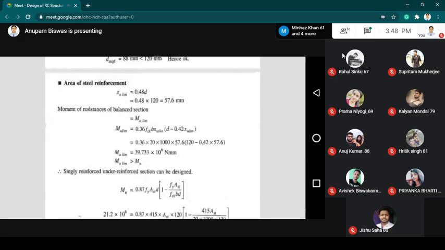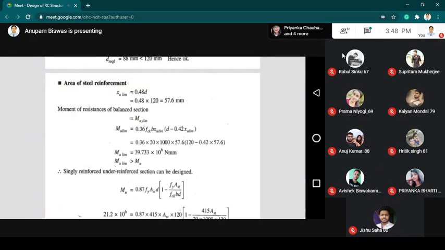Next we have to find the area of the steel reinforcement. So we have to obtain the value of Xu limit, that is 0.48d for M20 grade concrete. 0.48 into 120 is 57.6. So for the balanced section, Mu limit is given by the equation 0.36 fck b Xu limit multiplied by d minus 0.42 Xu limit.